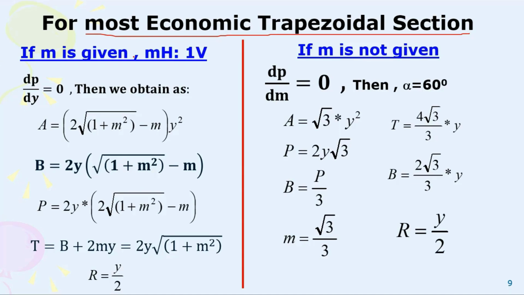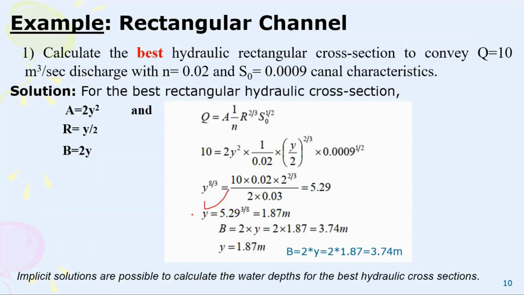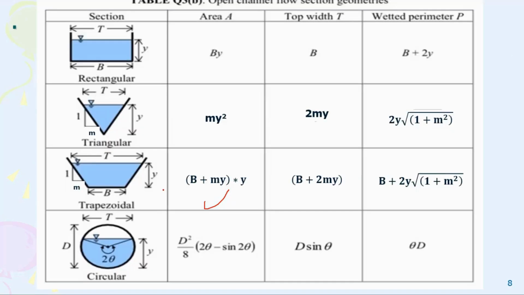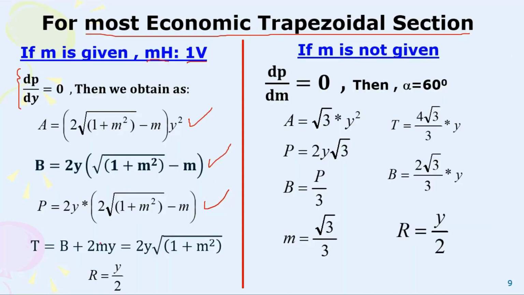Okay, so for the most economic trapezoidal section, if m is given, which is m horizontal to 1 vertical, the wetted perimeter should be minimum, so dP by dy is equal to 0. We find the area, bottom dimension, perimeter, top dimension and hydraulic radius.